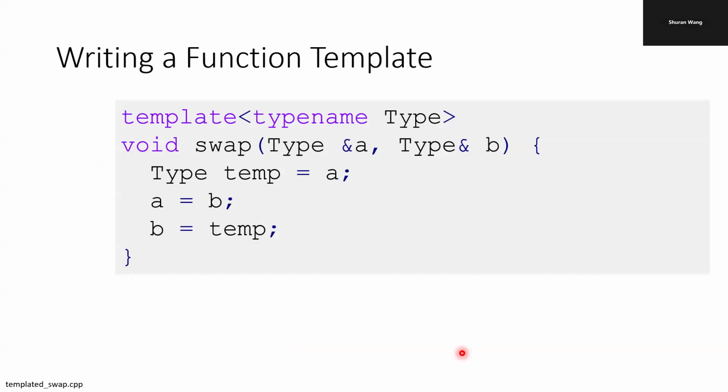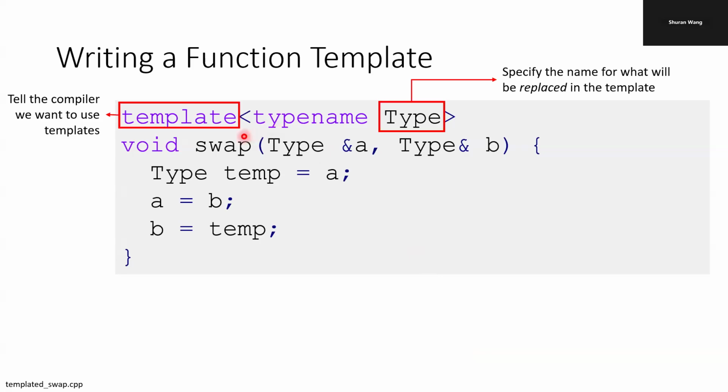This is the syntax for writing a function template. On the first line, we use the template keyword to tell the compiler that we are using templates. In the brackets, we have the typename keyword followed by the name of the type that you're giving.